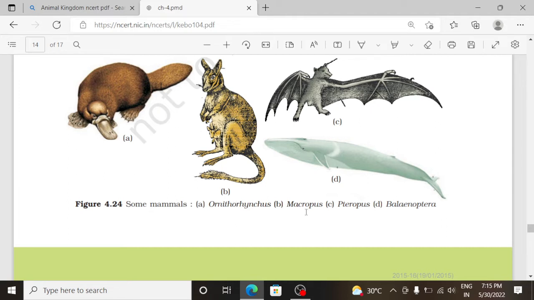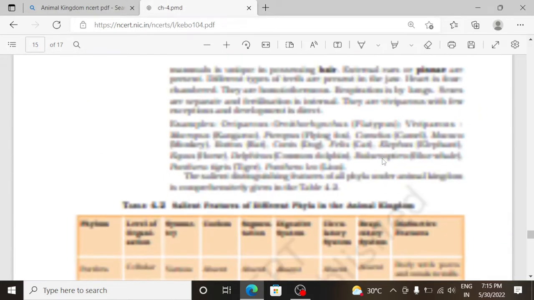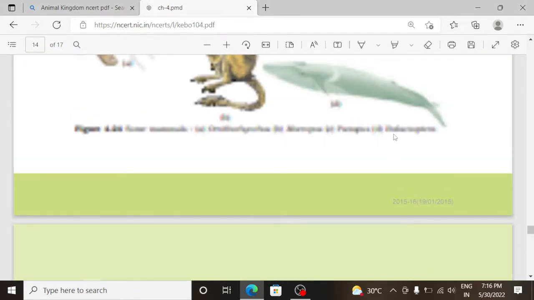First is Ornithorhynchus, B is Macropus, C is Pteropus, and D is Balaenoptera. No, let me see it again.